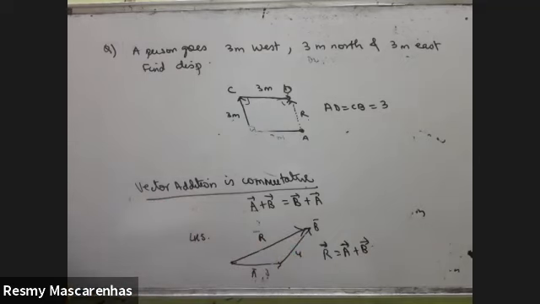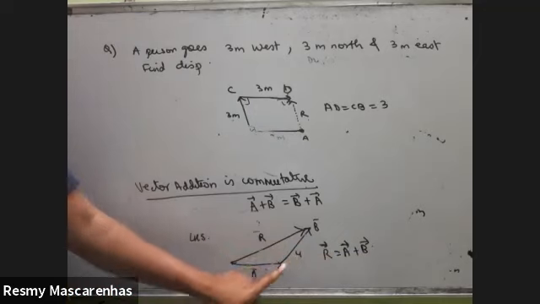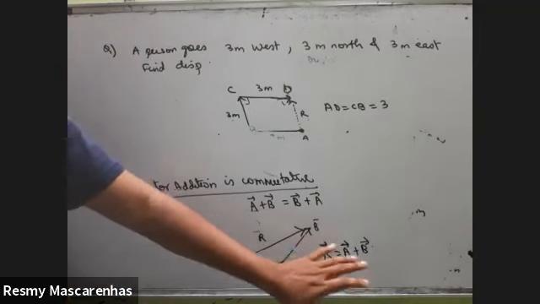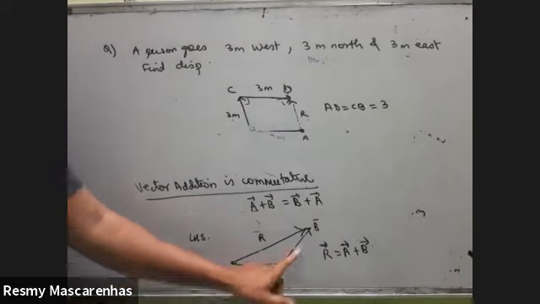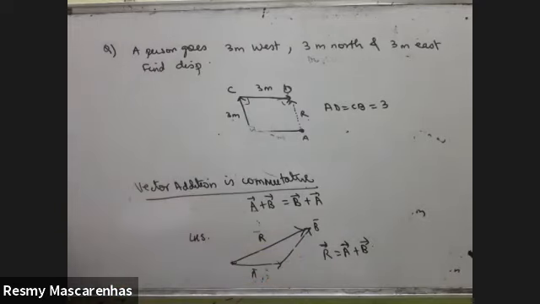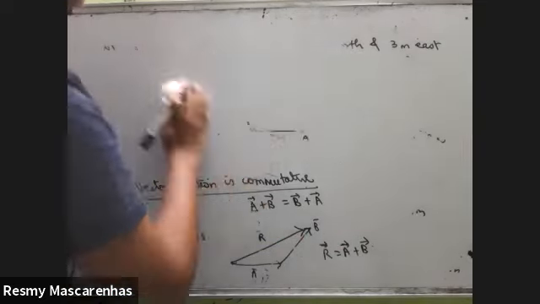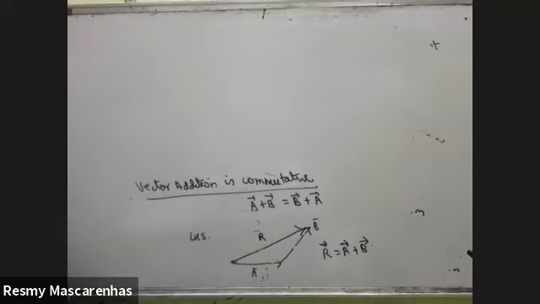That is wrong. These are values, magnitudes, and these are just the directions. A bar and this resultant is this. So we'll check whether it's the same as B bar plus A bar. So what we'll do is parallel shifting.